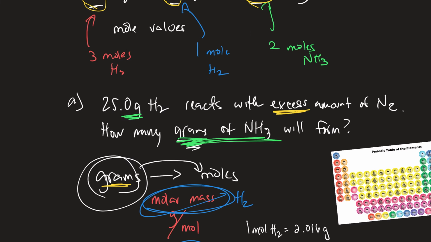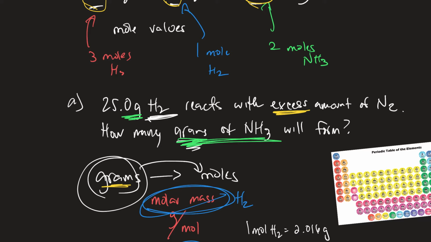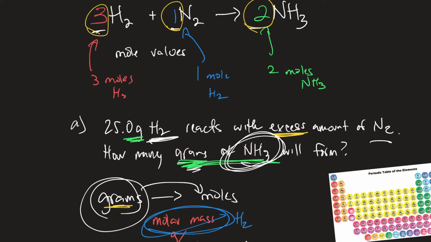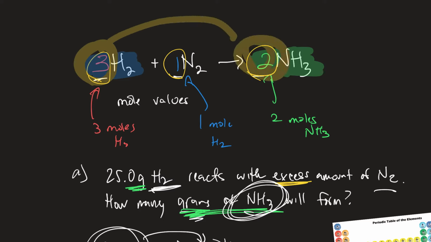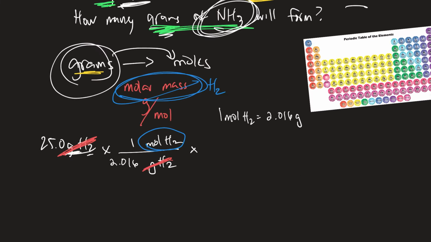And so we're going from H2 to NH3. What we're looking at here is the coefficient of H2 to the coefficient of NH3, and we see that the ratio is 3 to 2. So for every 3 moles of H2 to 2 moles of NH3, okay?